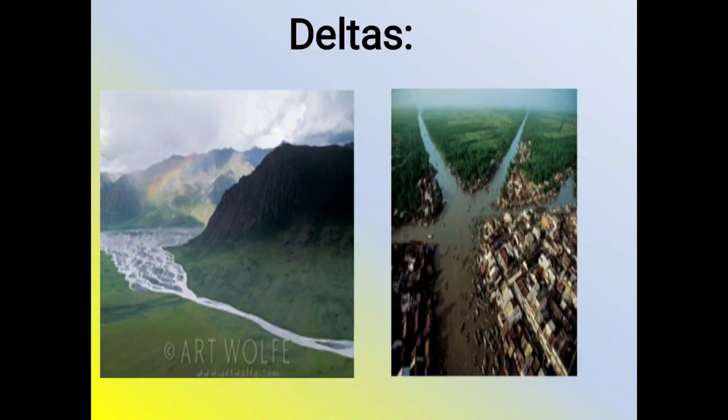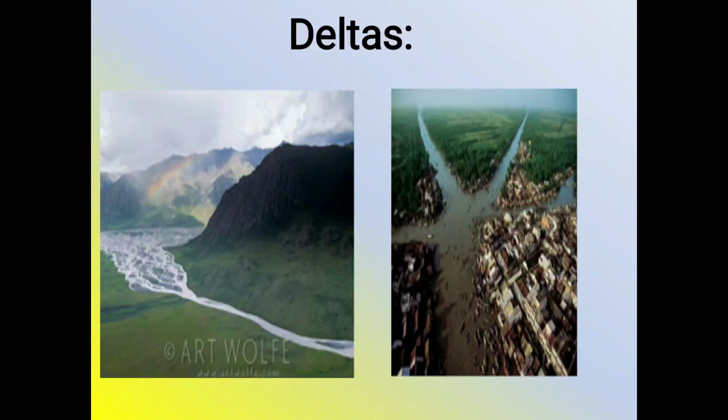Third condition, the seabed near the mouth of a river should be shallow so that sediments will accumulate on it. Due to the shallowness, the speed of the river retards, it becomes sluggish at the mouth, and ultimately the deposition takes place at the mouth of the river.